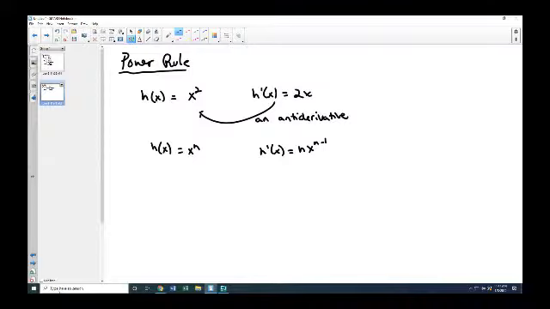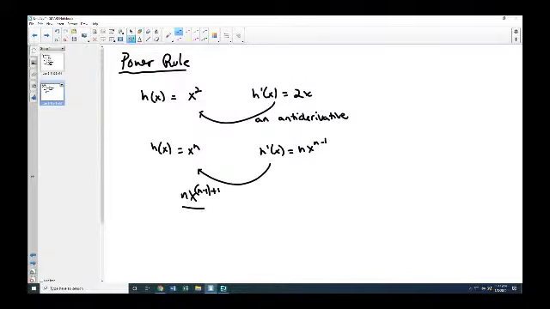Good. For an antiderivative, how are you going to generalize to get back to this? Well, you could say that we add 1 to the exponent, right? That'll get us back. And so it would be x to the n minus 1 plus 1. So you've added 1 to the exponent. Now how do you get rid of n?